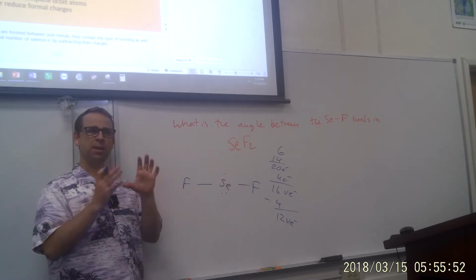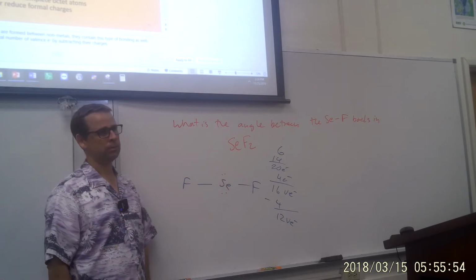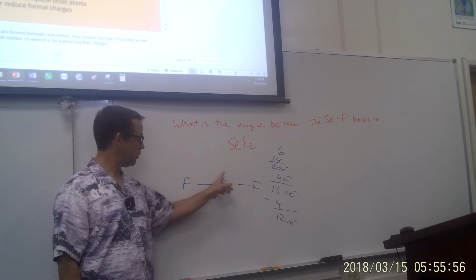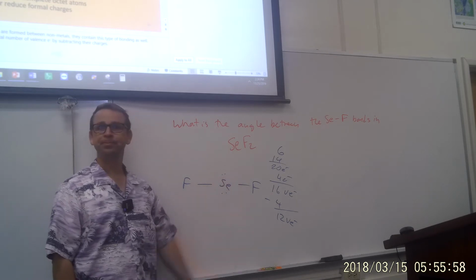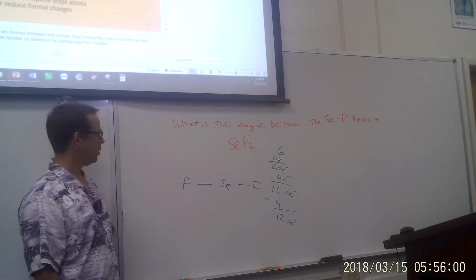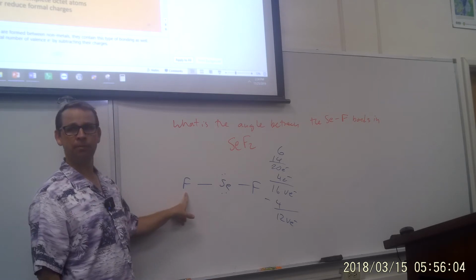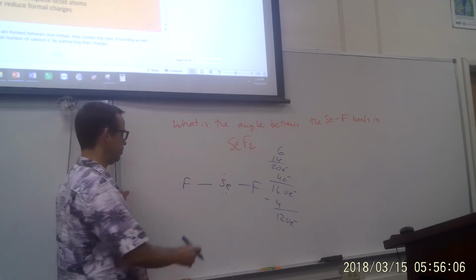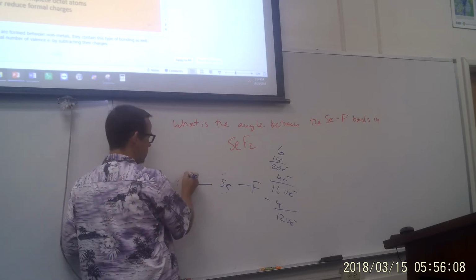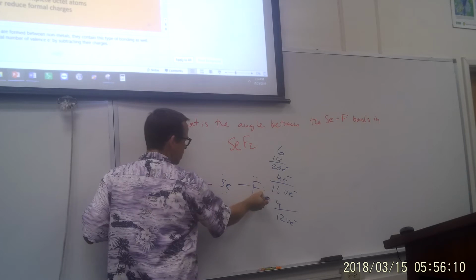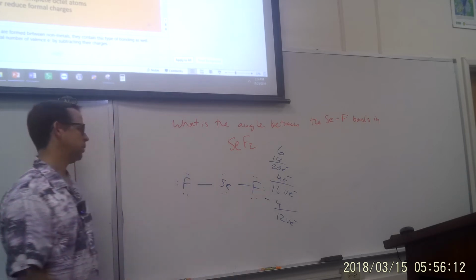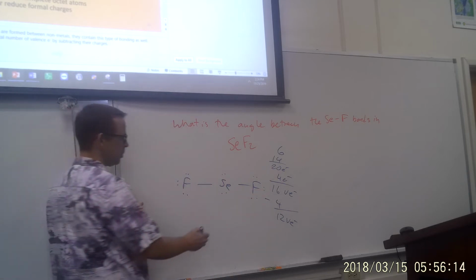How many electrons does it have right around it? 6. 1, 2, 3, 4, 5, 6. Okay? All right, we have 12 electrons. How about fluorine? Is it done? Is it happy? It needs how many more? 6. In fact, each one of these is going to need 6 electrons. Okay, but that uses up all our 12, right?